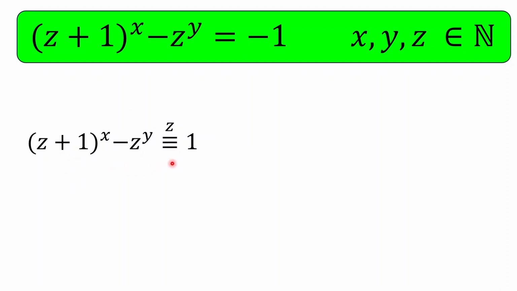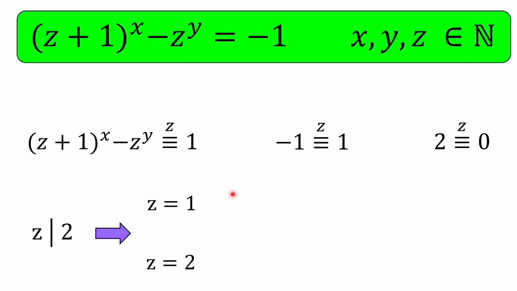So this side, modulo z, will be 1. But we also know that the equation is equal to minus 1. So minus 1 modulo z should be equal to 1. That means 2 modulo z should be 0, which means z has to divide 2. This means z can be either 1 or 2, because z is a natural number, so it cannot be negative.